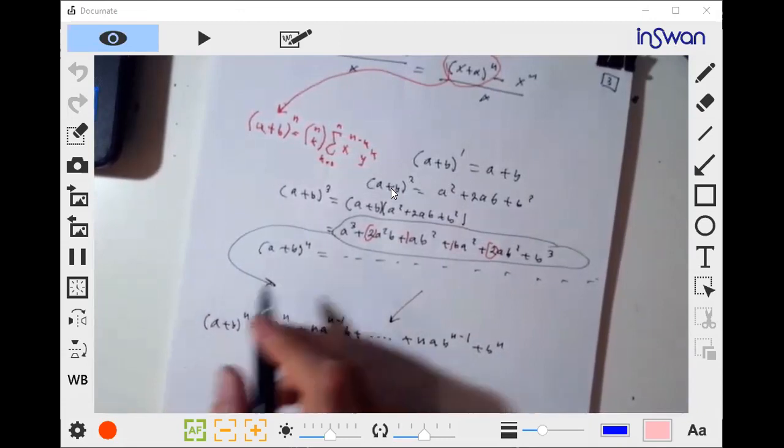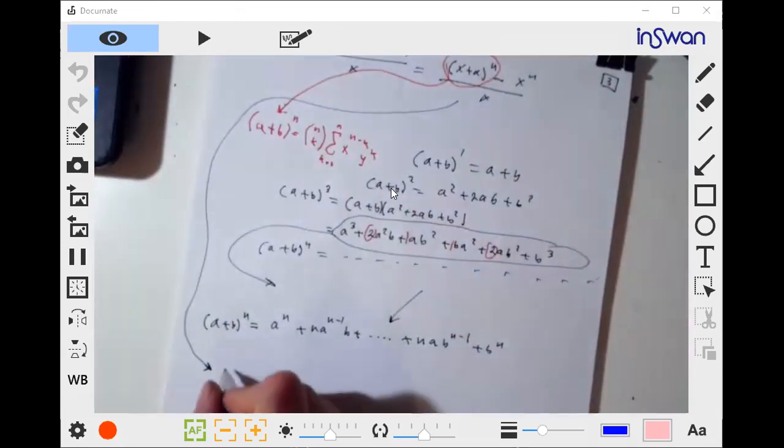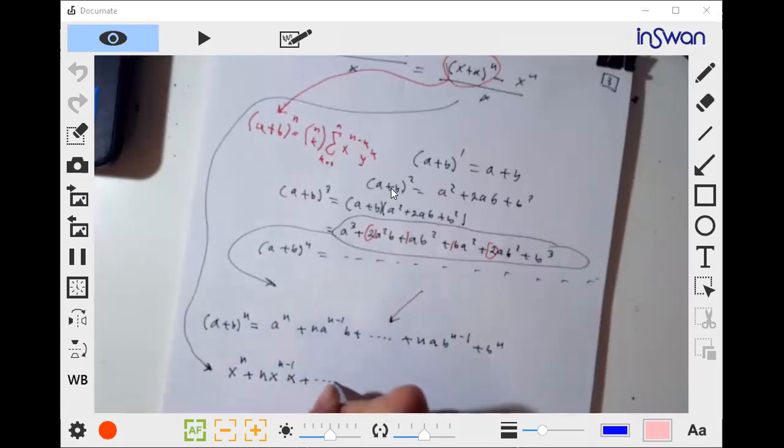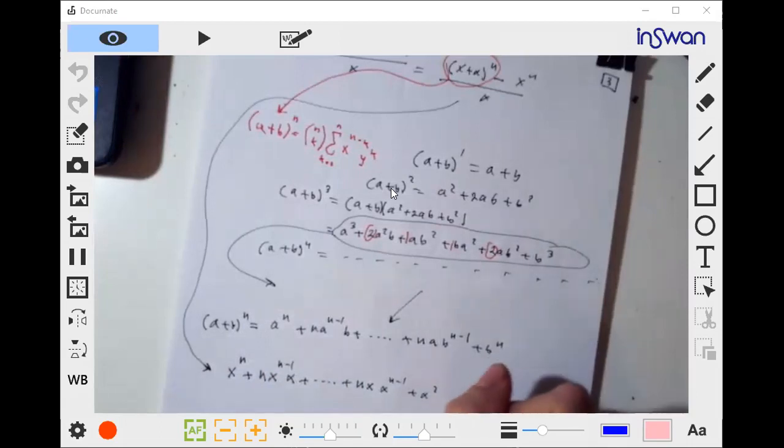So then this equation right here becomes x to the n plus n x to the n minus 1 alpha plus n x alpha to the n minus 1 plus alpha squared. And that was this piece.